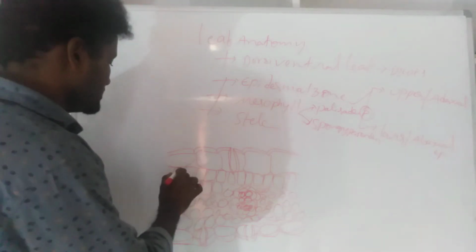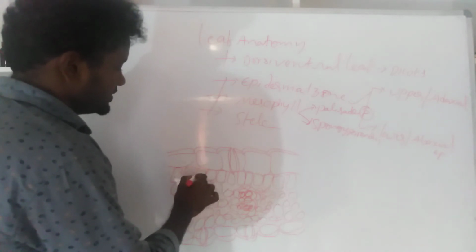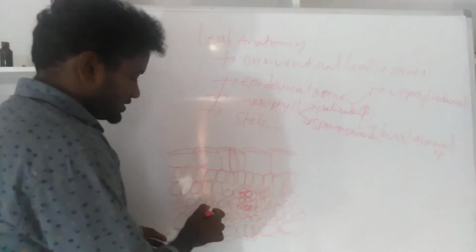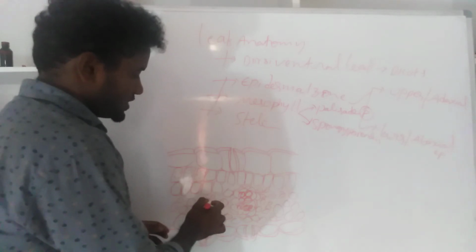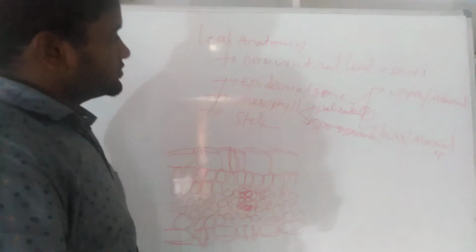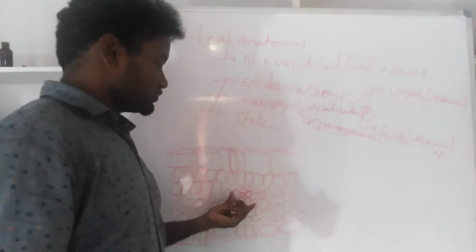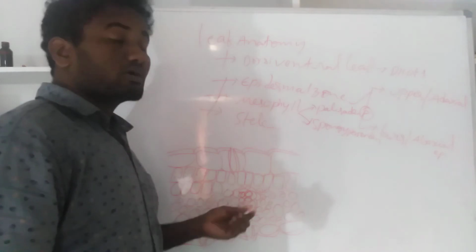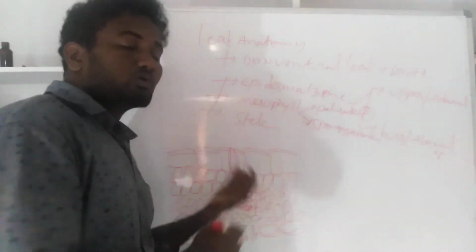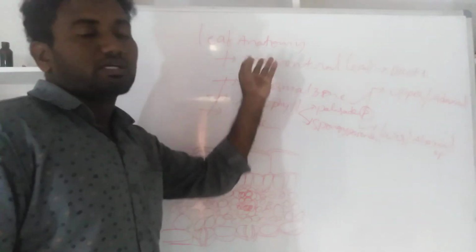Palisade parenchyma has a high number of chloroplasts and a high rate of photosynthesis, while spongy parenchyma is loosely arranged, oval in shape, with fewer chloroplasts and a lower rate of photosynthesis. The innermost zone is the stele, made of vascular tissues, xylem and phloem, in conjoint vascular bundles like the stem, covered by bundle sheath cells made of parenchymatous cells. This is the overview of the dorsiventral leaf.